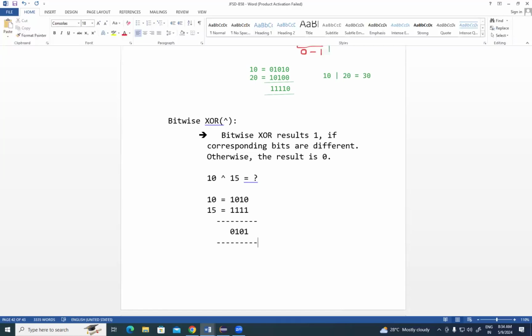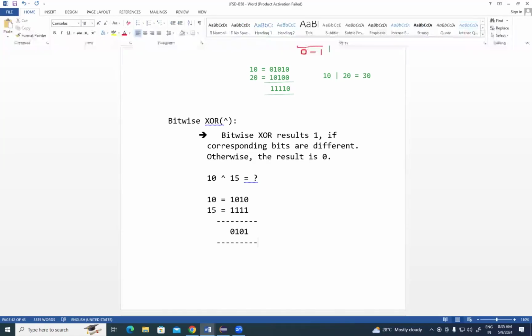Now convert this into the decimal system again. How do you convert to decimal? 2 power 0 into 1, plus 2 power 1 into 0, plus 2 power 2 into 1. 2 power 2 means 4, 4 into 1 is 4. 2 power 0 means 1, 1 into 1 is 1.